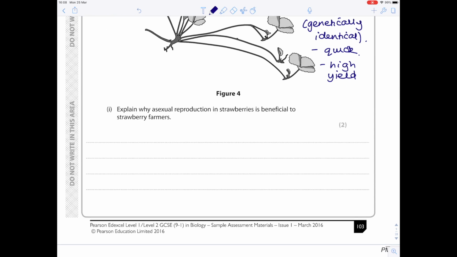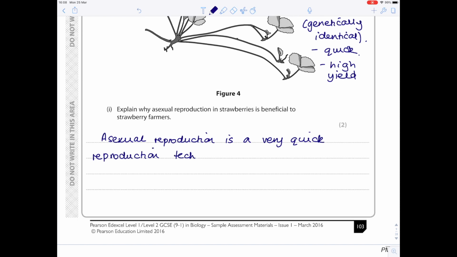So why is it beneficial? Because asexual reproduction is a very quick reproduction technique as it does not require cross-pollination.